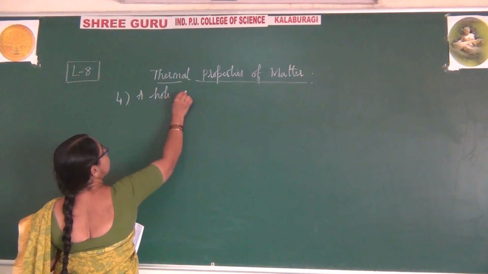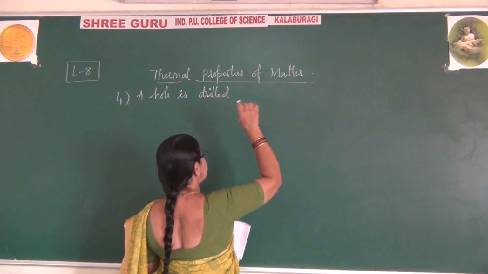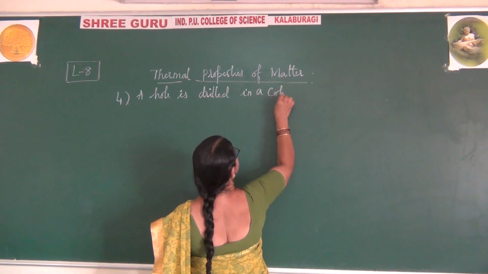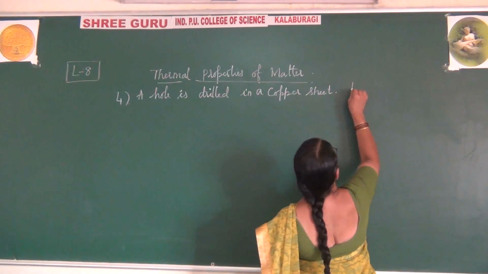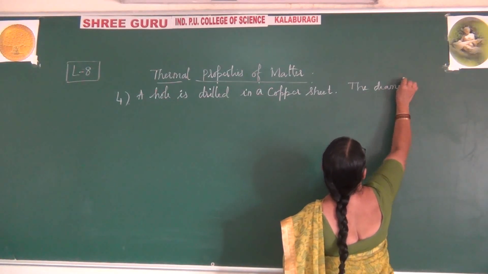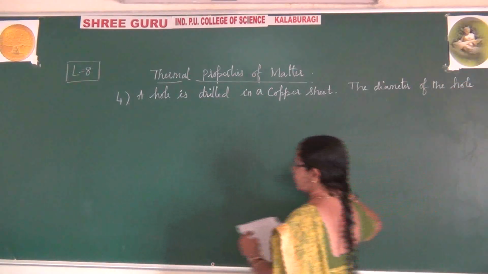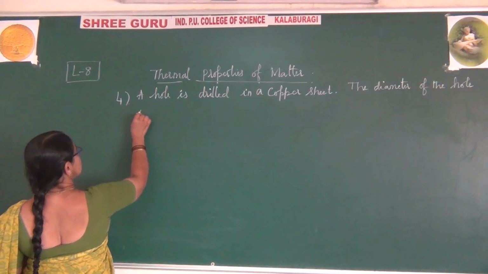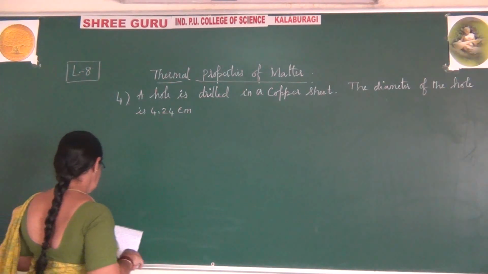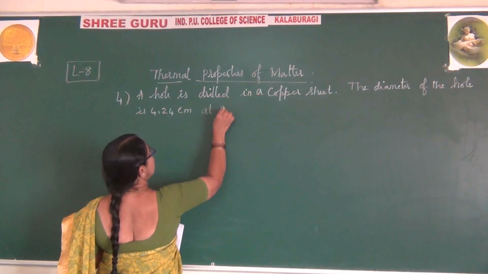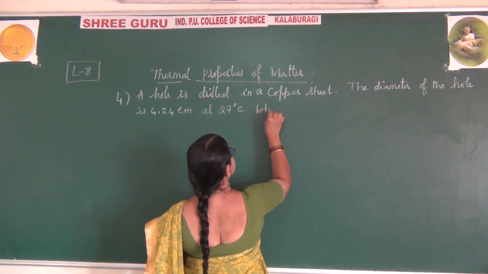A hole is drilled in a copper sheet. The diameter of the hole is 4.24 centimeter at 27 degrees centigrade.